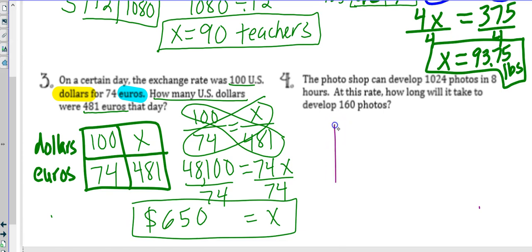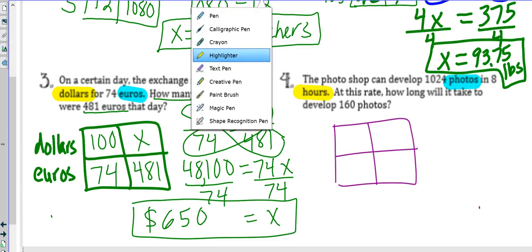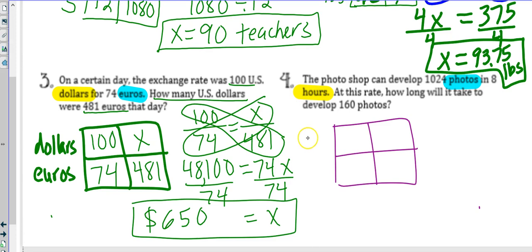So we have our 2 units. We have photos and we have hours. So we know that it's 1,024 photos, our original ratio, in 8 hours. And at this rate, how long will it take to have 160?